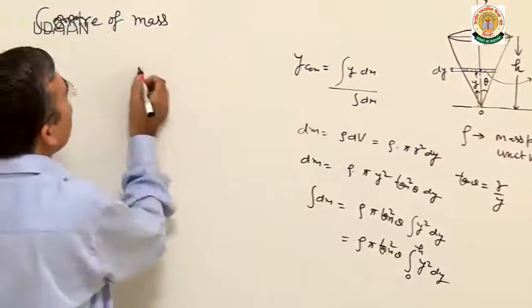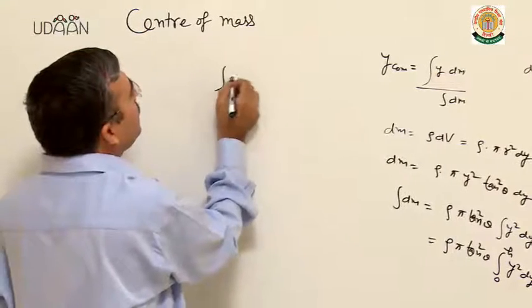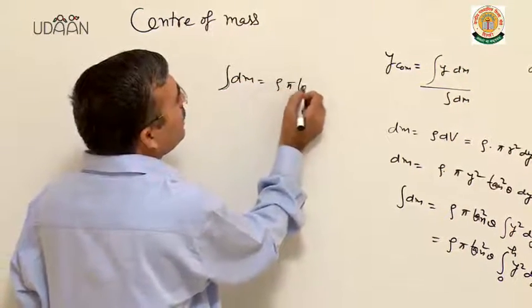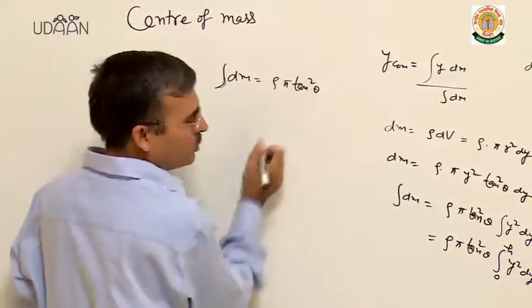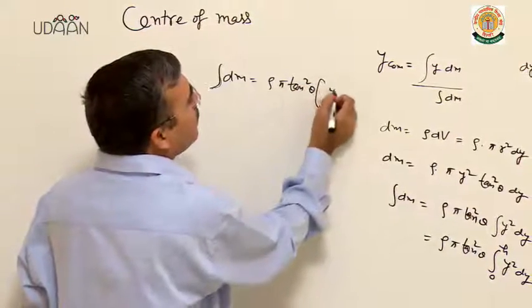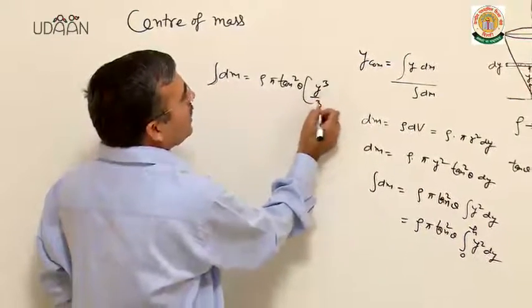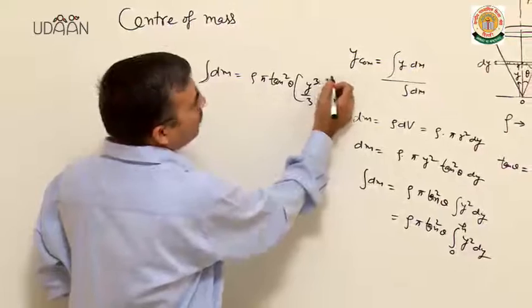Now integration dm will be equal to rho into pi tan square theta, and the integration of y square is y cube by 3, from 0 to h.